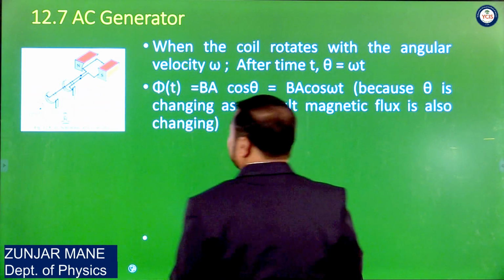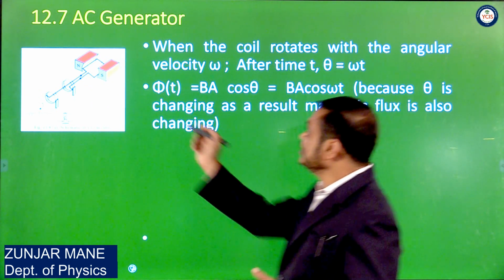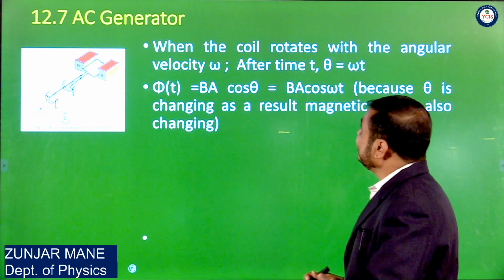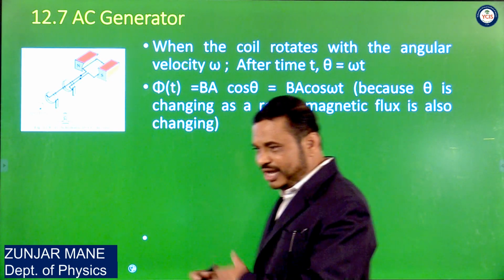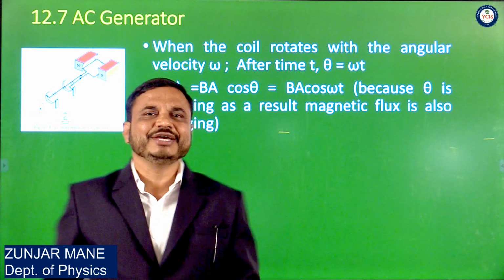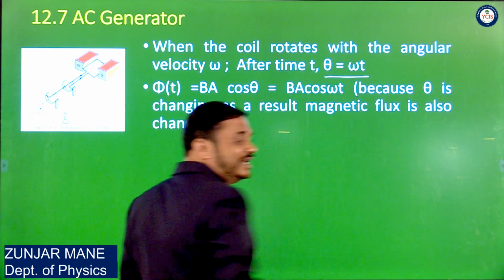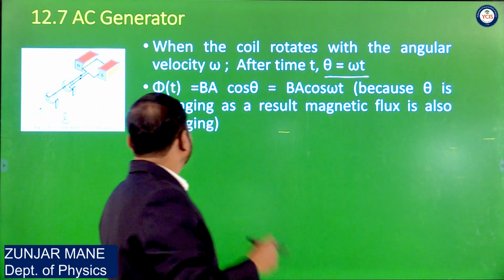When the coil rotates, this armature, with angular velocity omega, after time t there will be angular displacement theta, given by theta equal to omega t.